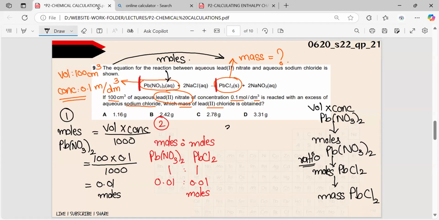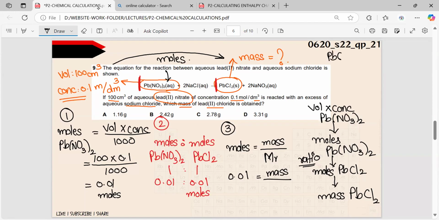After that, in step number 3, from the moles of lead chloride, we can find the mass of lead chloride by using the formula. Moles is equal to mass over molar mass. The number of moles is 0.01. Mass is not given, we need to find it. And the molar mass of lead chloride we have to find.